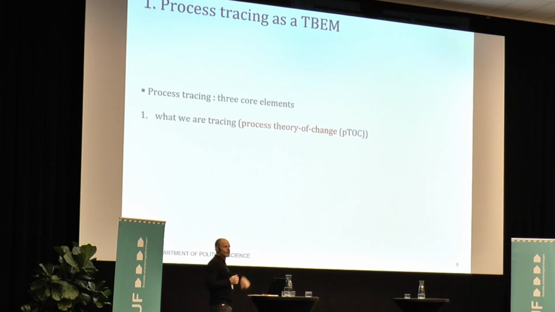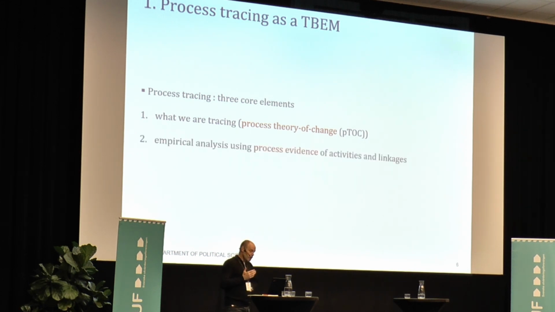The three core elements, some of it's just coming out of the name. Process. What are we tracing? We're tracing a causal process. Okay, that's kind of tautological. I'll tell you a little bit about what a process theory of change is then, and in particular the key difference between contribution analysis and process tracing.